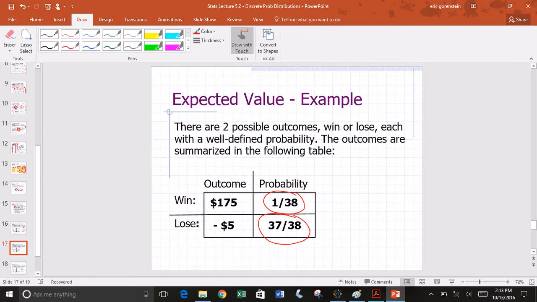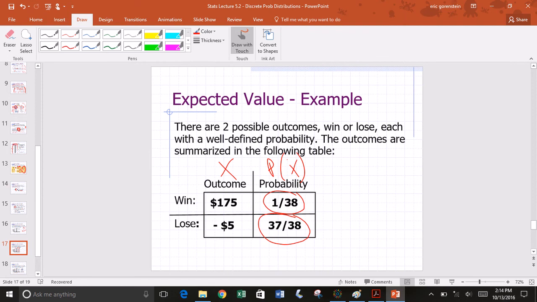And the outcome, if you lose, you lose your $5. If you win, 35 times your original bet, or 35 to 1. So 35 times 5 is 175. So here's the probability distribution. We have our outcome, and we have the probability of that outcome.